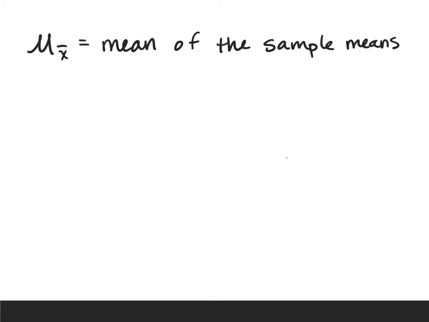And so the mean of the sample means, that's our notation, the mean of the sample means. We use a mu for mean, and then a subscript of x bar just to identify it's not just the mean of the population. So mu is the mean of the population.